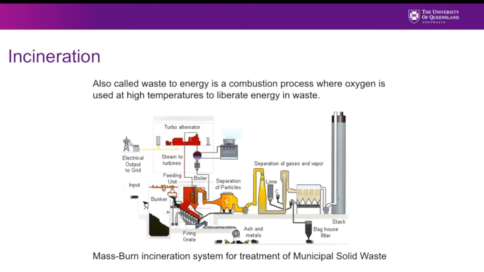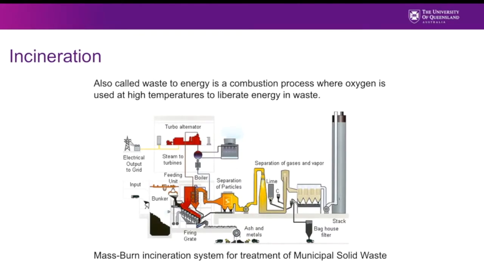You can see on the figure, this is a general figure of an incineration plant where the waste is burned, and then one of the end products is the ash. That can contain metals and other elements that are not destroyed, and this energy is being used to generate electricity.